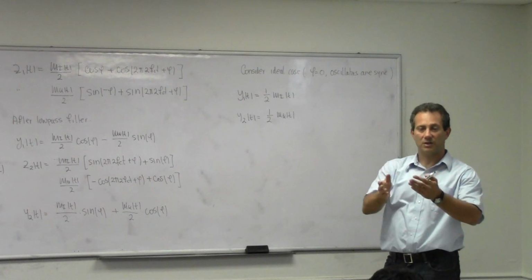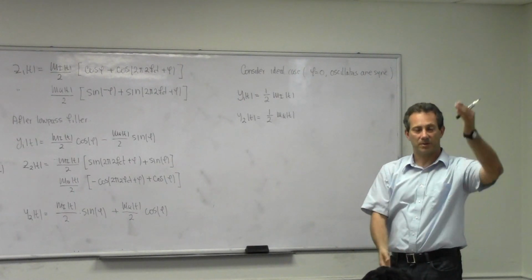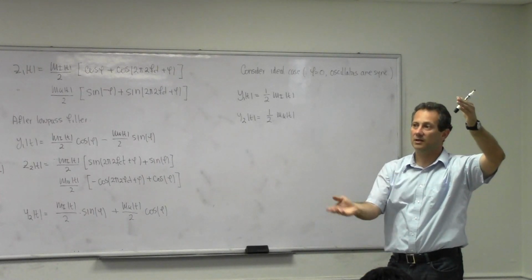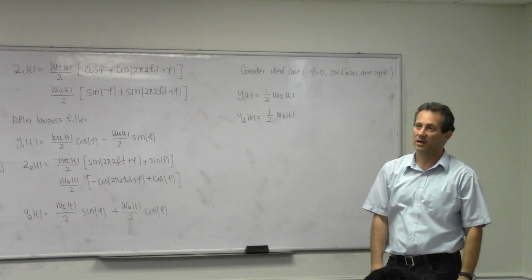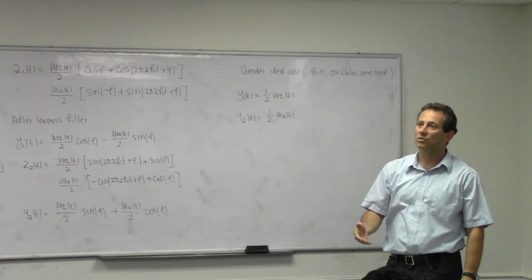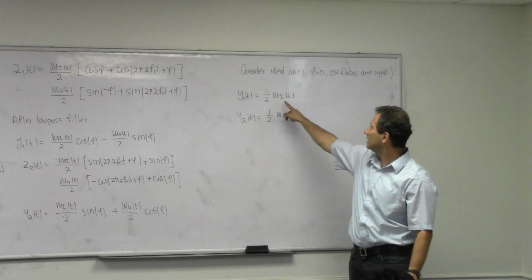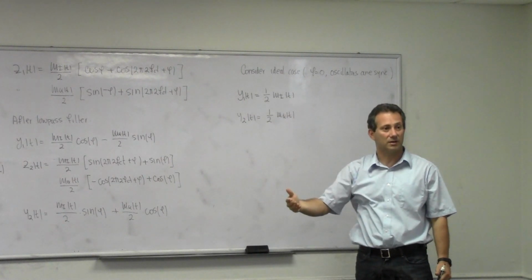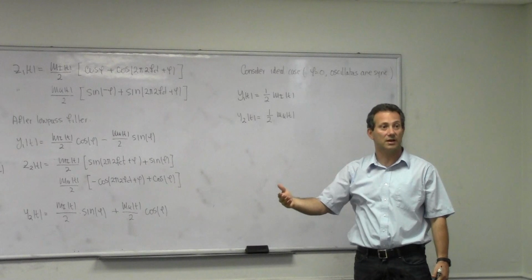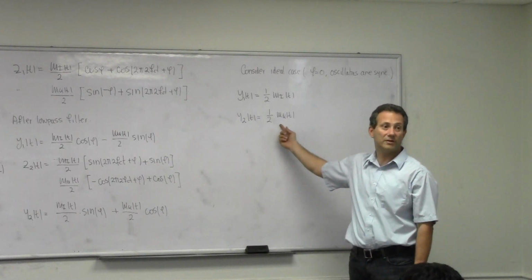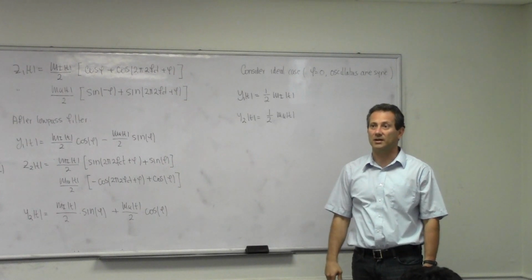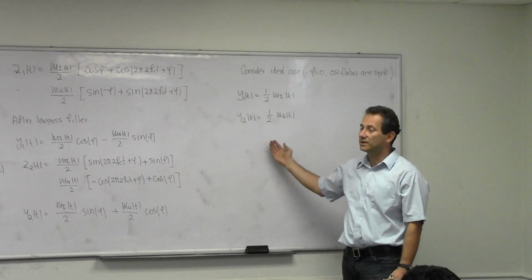We take our original stream of bits, we separate it into two. One of them we use to modulate cosine, the other one we use to modulate sine. We call these I and Q components. I is in phase, meaning that it modulates the cosine. Q is what we call quadrature, the one that modulates the carrier in quadrature, which is the sine. And this way you double the capacity.